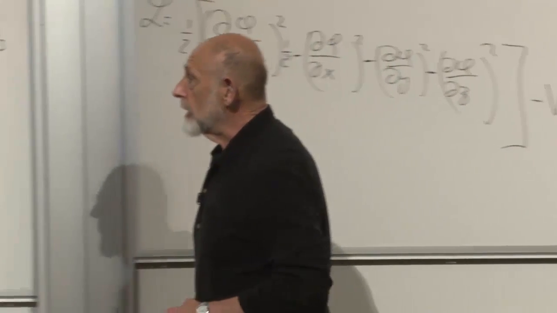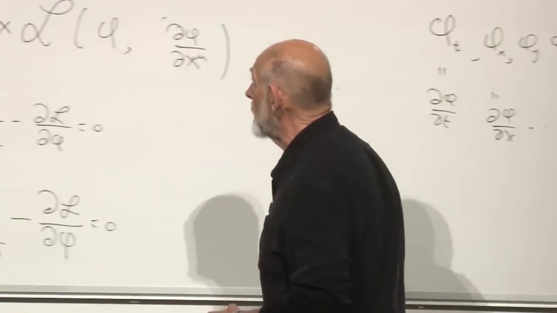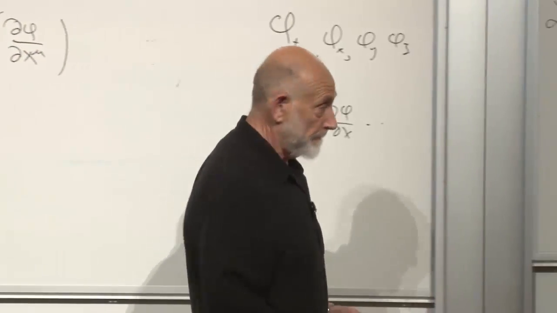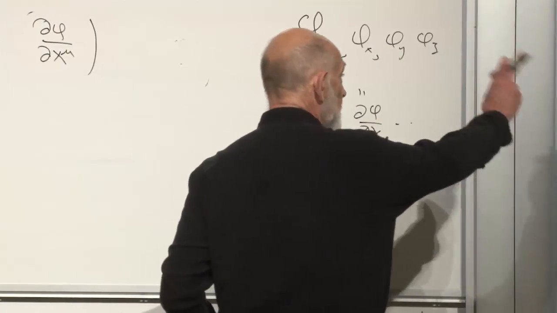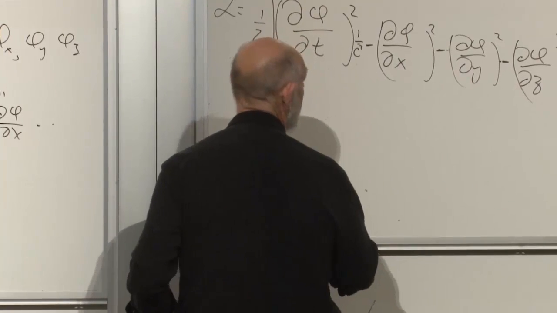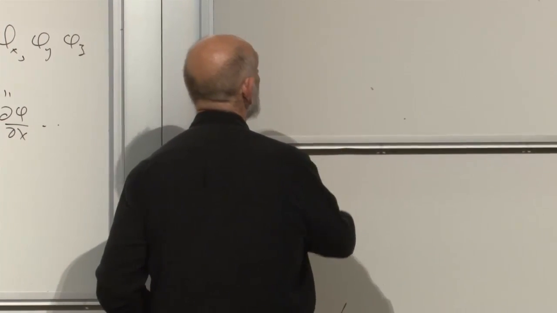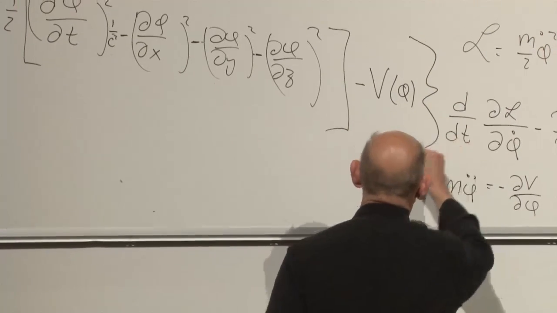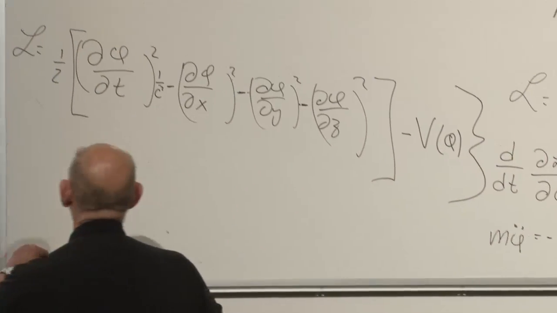So that's an interesting case to explore. Let's try to explore that and see what kind of equations of motion we get from it. Let's take this Lagrangian and work out its equations of motion. This is part of the Lagrangian here. The whole Lagrangian is all of this.